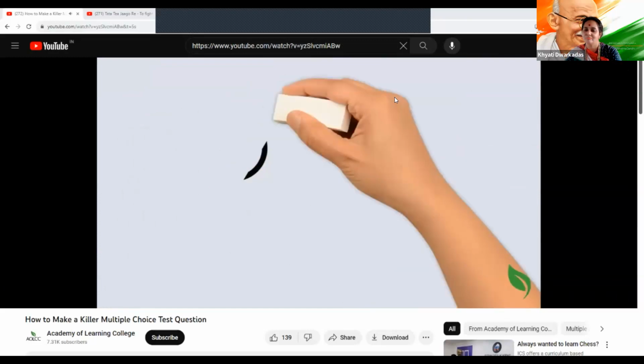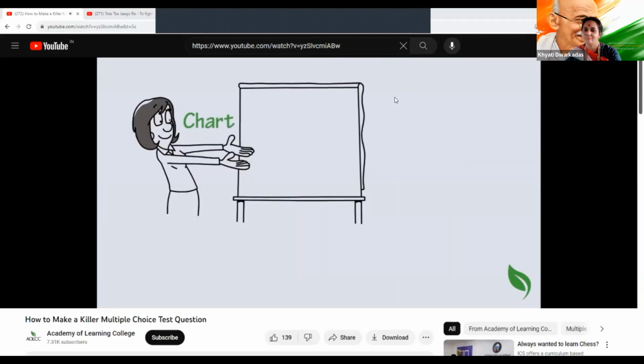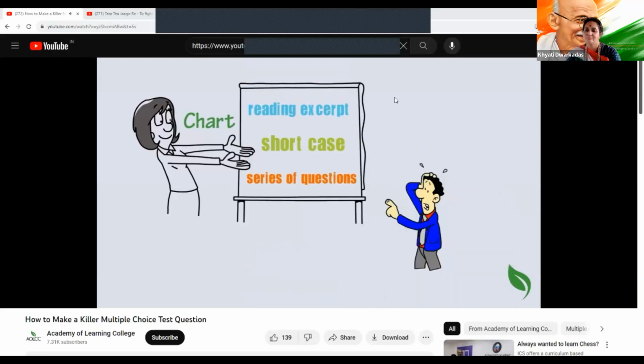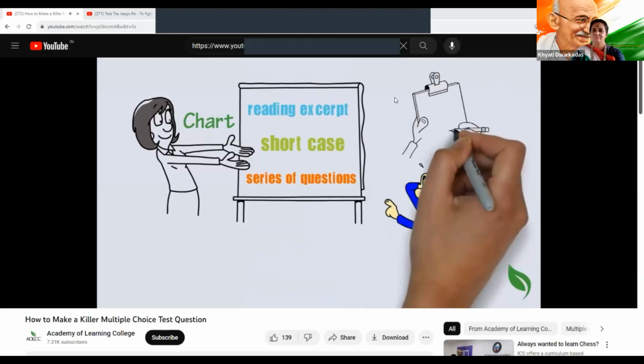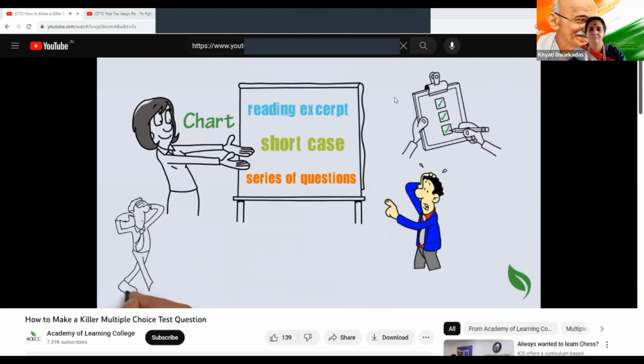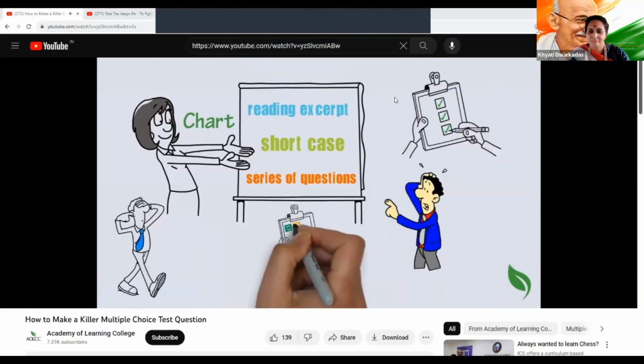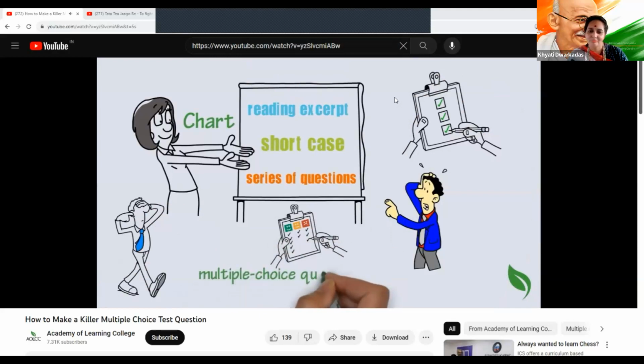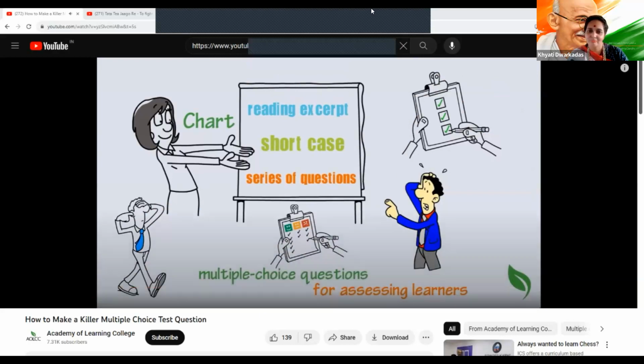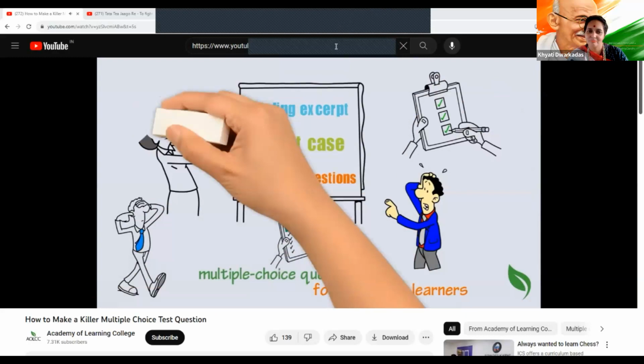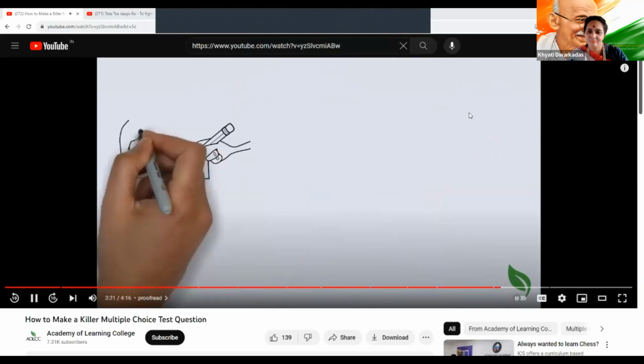Number 8. Consider presenting a chart, a reading excerpt, or a short case, and writing a series of questions in which test takers have to interpret what you've presented in order to select the correct answers. These questions are more difficult to create and, unsurprisingly, can be the best kinds of multiple choice questions for assessing learners. Number 9. Proofread.